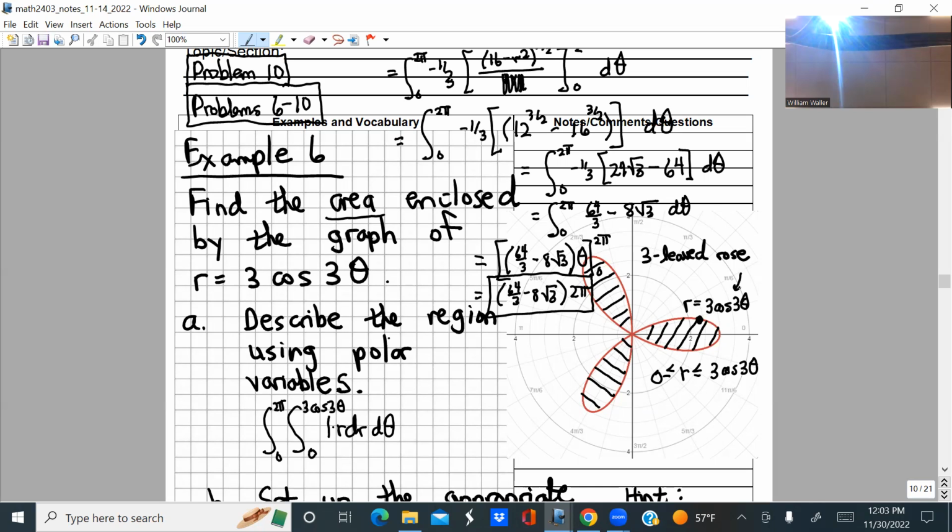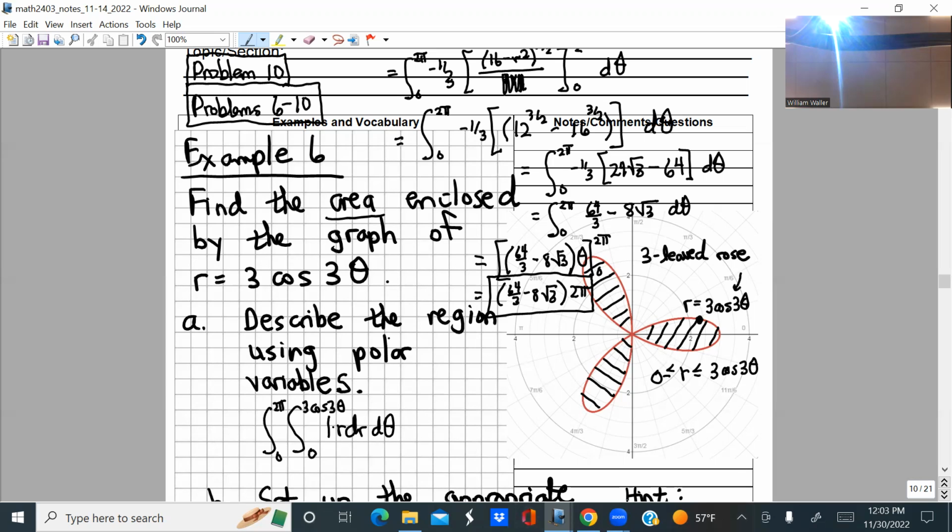Cosine of 3 theta does not have period 2 pi, because of that extra factor of 3. That's changed things a little bit. You can do it, but it's not a trivial task to figure out the proper domain of theta to trace out the entire curve. Here, experimenting helps a lot, though.